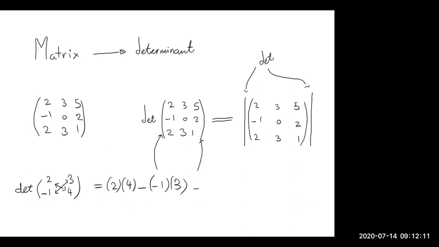So it would be 8 minus -3, which is 8 plus 3, which is 11. We talked about determinant of 3 by 3 matrices. It was slightly more complicated, but we did that, and I hope you remember. If you don't, just take a look at the book for this part.